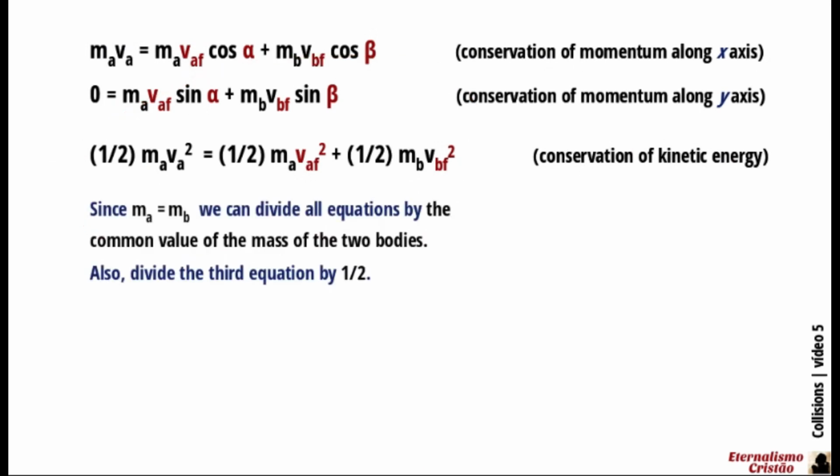We have two equations for the conservation of momentum, one for each axis. Since the masses of the bodies are equal, divide all equations by m. Divide the third equation by 1/2.